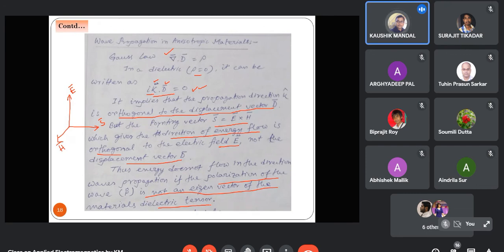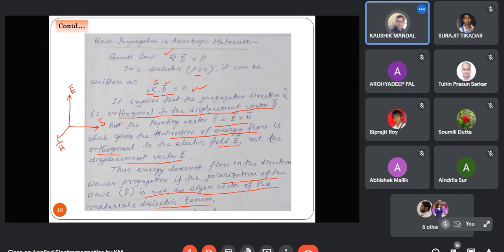Then we have considered the wave equation for the propagation of electromagnetic wave in anisotropic materials. From the wave propagation equations, we have formed the normal surface. In the normal surface, we saw how we can define the optical axis and how the electromagnetic wave will face the same speed or two different speeds depending on the two different phase velocities that we have discussed so far.